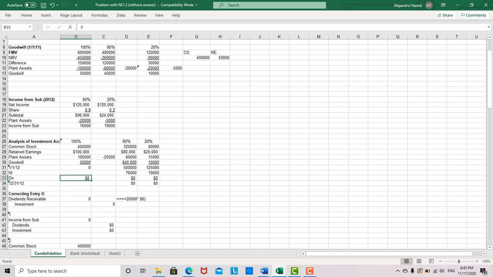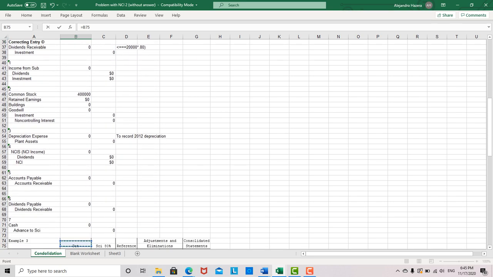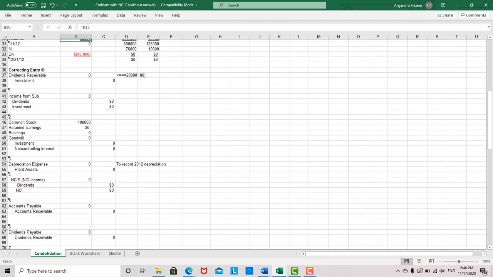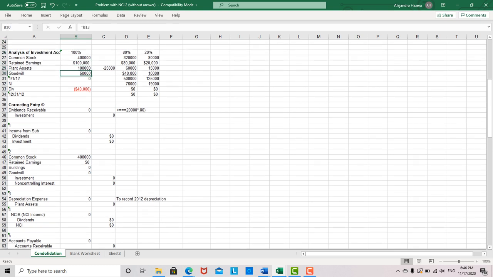Now, you have to ask yourself, how much did the subsidiary pay in dividends this year? Once again, the best place to get it is from the subsidiary's financial statements. So we'll go down here and it says dividends, $40,000. The subsidiary paid $40,000 in dividends. So the parent share of that would be obviously $32,000 negative, and the non-controlling share is going to be obviously $8,000 negative.